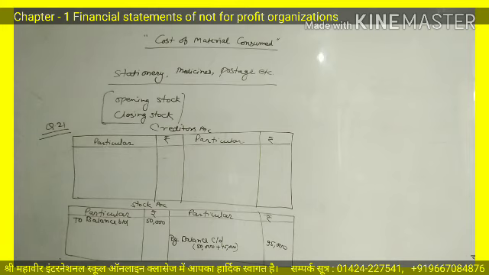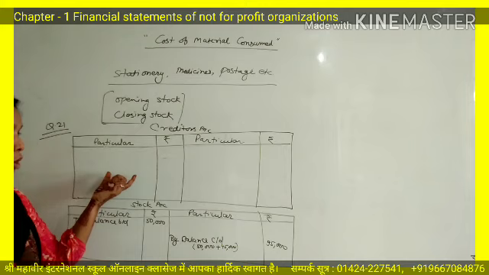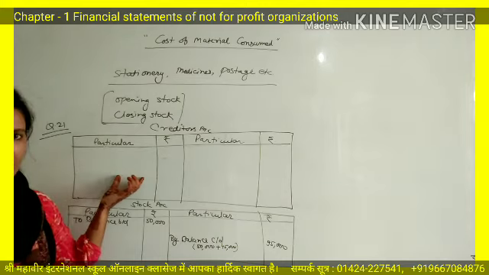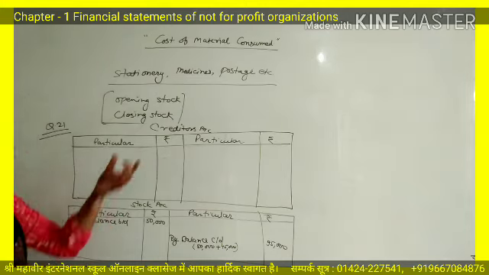Point number third is here, amount paid for medicines during the year. So easily by your common sense you can know that if you are paying the amount of medicine, obviously you will pay to creditors because you are purchasing from creditors.